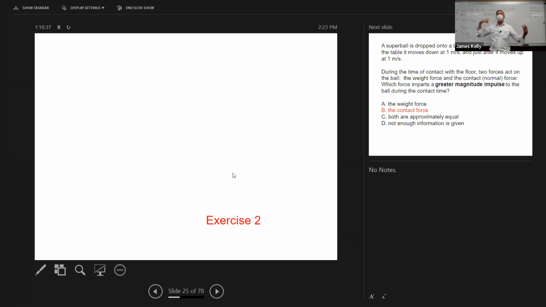But the amount of time that force is acting for is exactly the same. And by Newton's third law, the force that the floor exerts on the ball is equal and opposite to the force that the ball exerts on the floor. So all that changes in this calculation is the sign of the force.